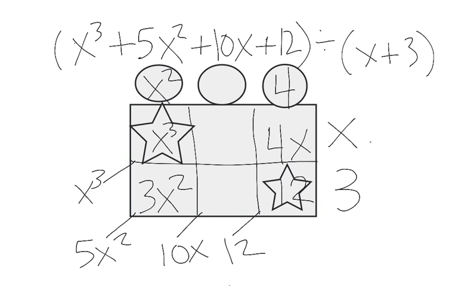Now, how do we get this center row? This is the biggest step in my opinion. As I told you before, this box plus this box is going to equal this box. So can anybody think of a number? 3 plus something equals 5? And yeah, it's got to be 2.